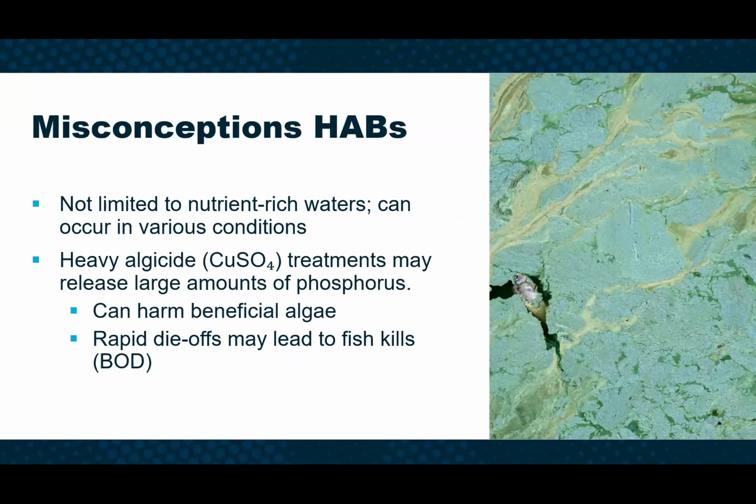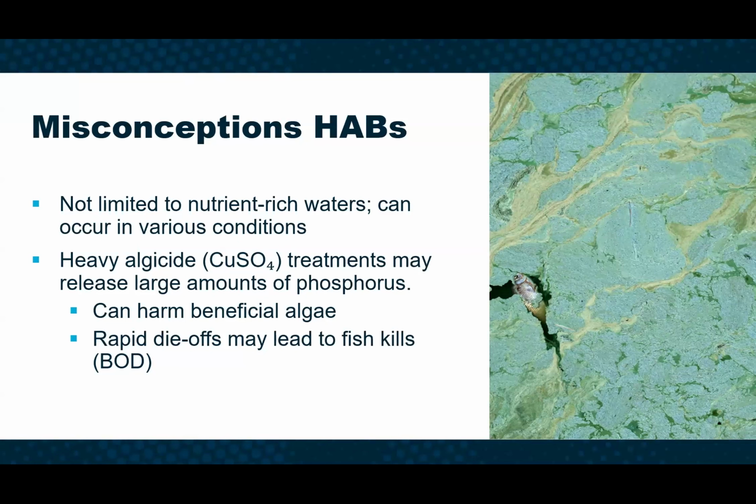And even though we are speaking about phosphorus and nitrogen, it can occur even if it's not nutrient-rich water. So what can we do? We can apply algicide, but this has to be done in a very controlled manner because, as I say, when these algae, this kind of bacteria, die, they are going to release the phosphorus and they are going to promote more blooms.